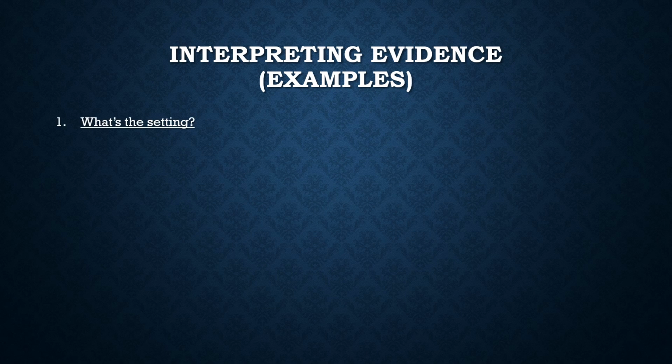All right, so let's say we have this question. What's the setting of the story? And we are looking around in the text and we come across this quote. "I walk along the salty air brushing sand against my feet." Notice it does not ever say in here that the setting is this.